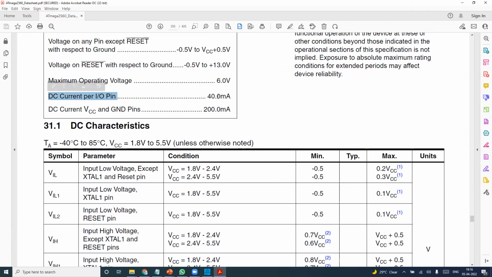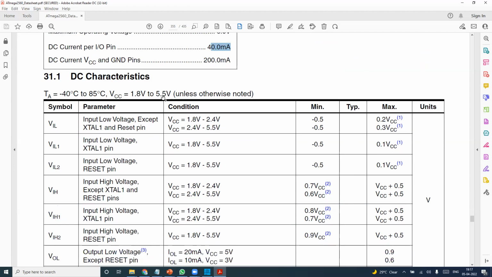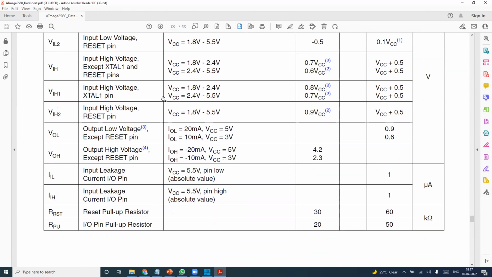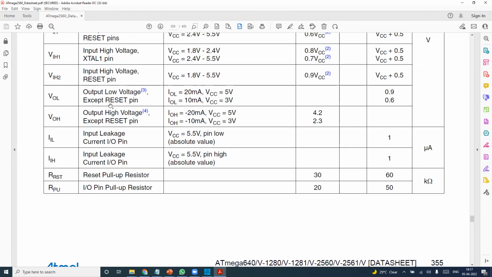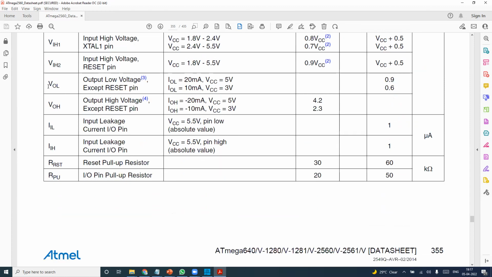Okay, I said 10. Then maximum operating voltage is 6 volt. We are using 5 volt. Am I right? See here, you check VOL. That is output low voltage. Say VOH. That is output high voltage. The output can be low voltage or high voltage. That we have already discussed. I'll show you the thing.